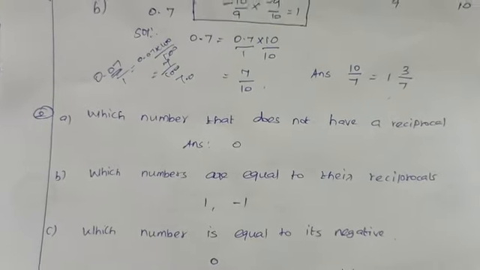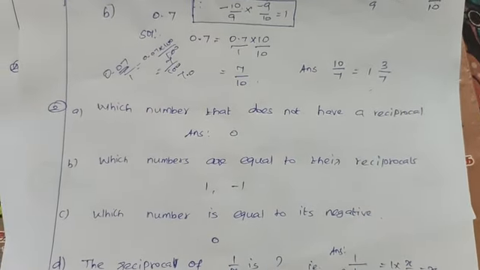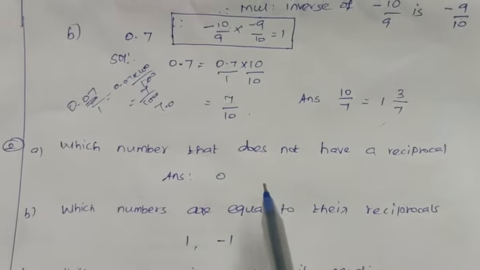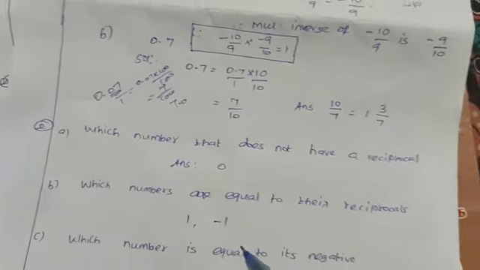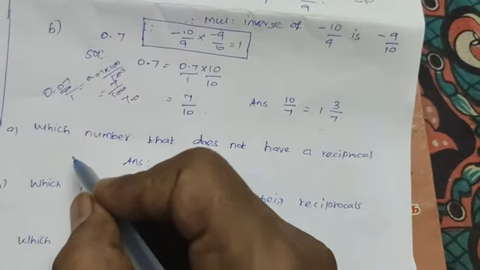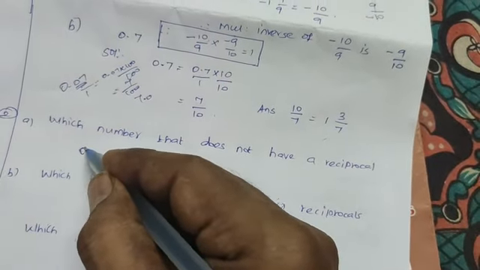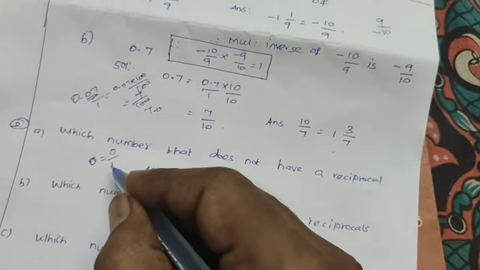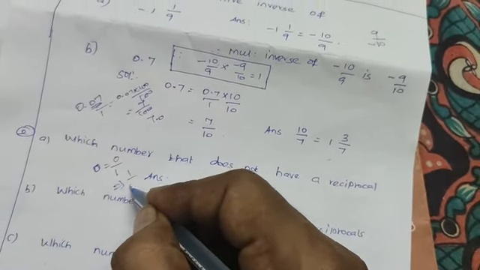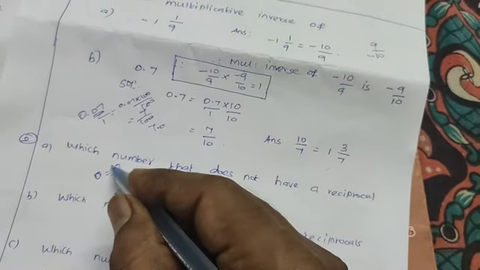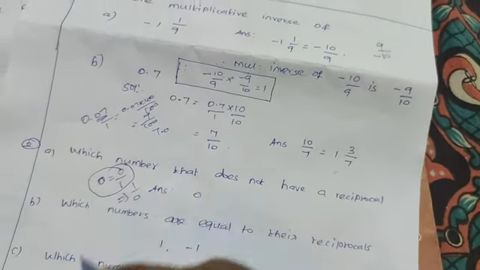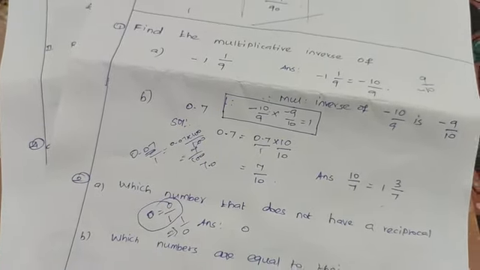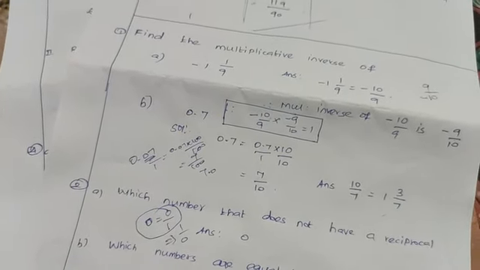Next problem. Suppose the problem is, which number does not have a reciprocal. You already discussed the reciprocal of any number. 0 we can write as 0 by 1. The reciprocal of 0 by 1 is 1 by 0. Now the value of 0 by 1 is 0. Study thoroughly. 0 by any number, the answer is 0.